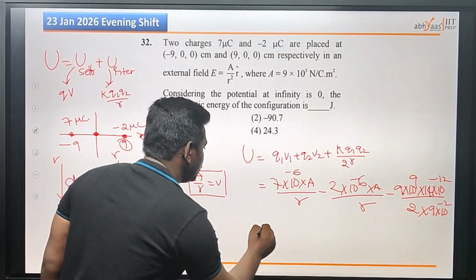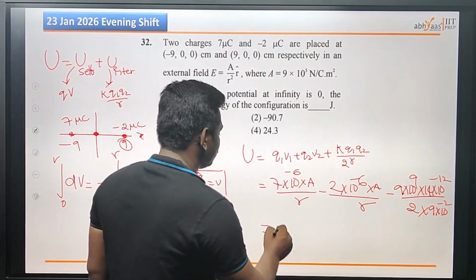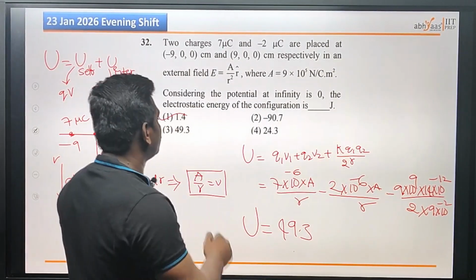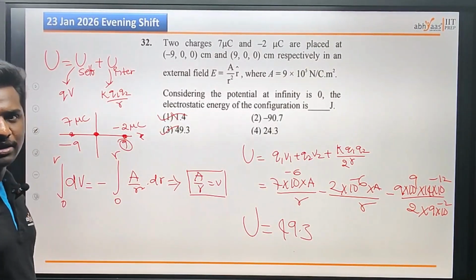So if you solve this entire thing, you will get the answer 49.3. This is your answer, 49.3 coulombs.